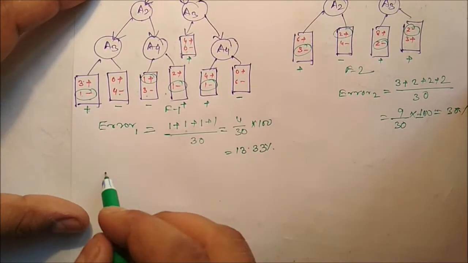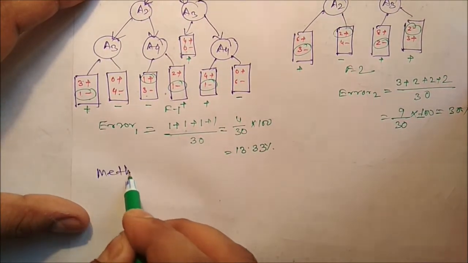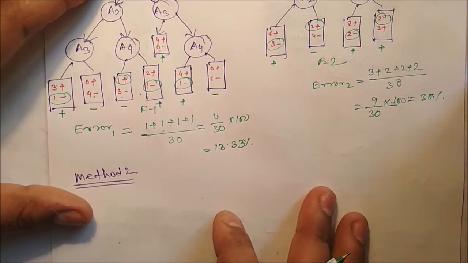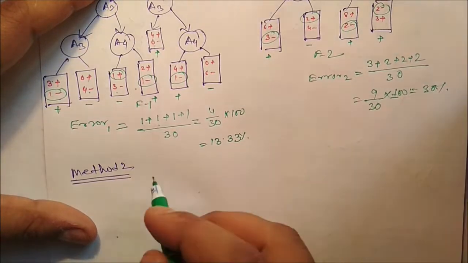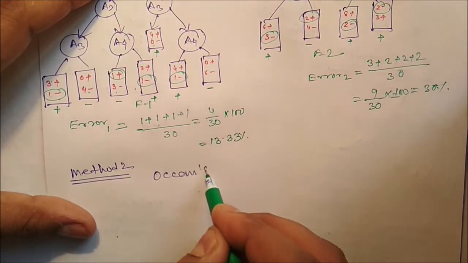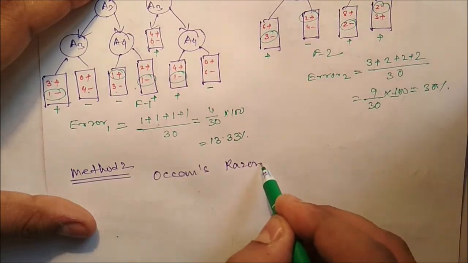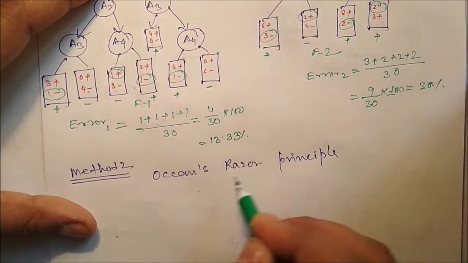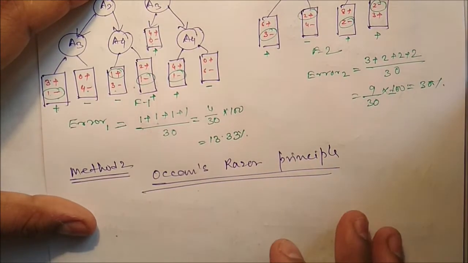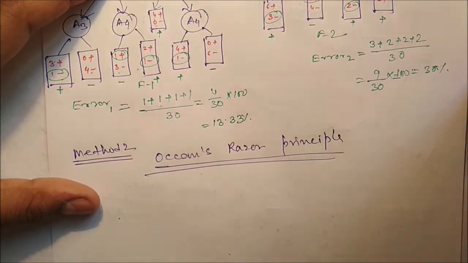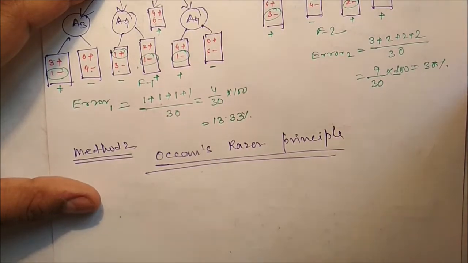Now the next method, method 2, incorporating the model complexity. The concept is called Occam's razor principle. Given two models with the same generalization error, the simpler model is preferred over the more complex model.